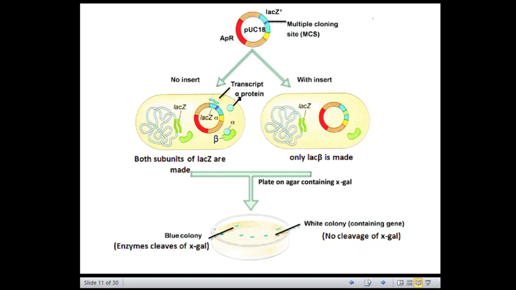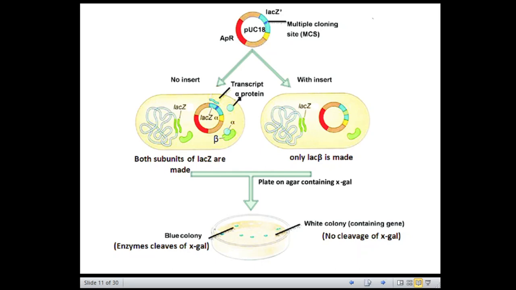So the functional enzyme is able to hydrolyze a colorless substance called XGAL into a blue insoluble material. Okay. Now, if the gene is disrupted by insertion of a fragment of DNA or the gene of interest, now a non-functional enzyme results which is unable to carry out the hydrolysis of XGAL.